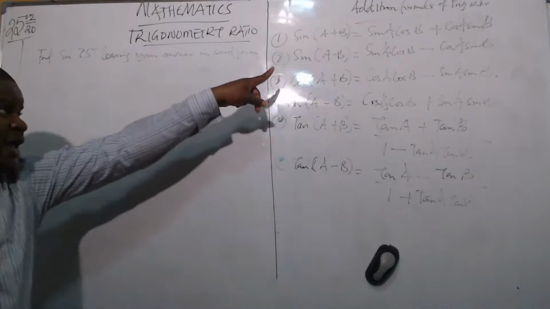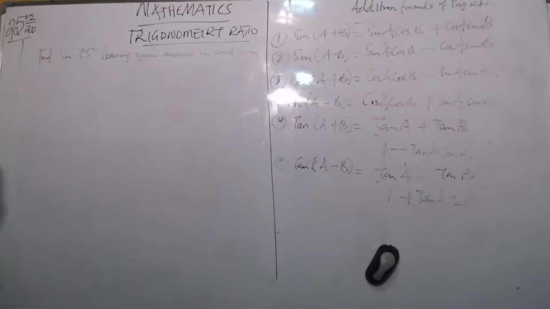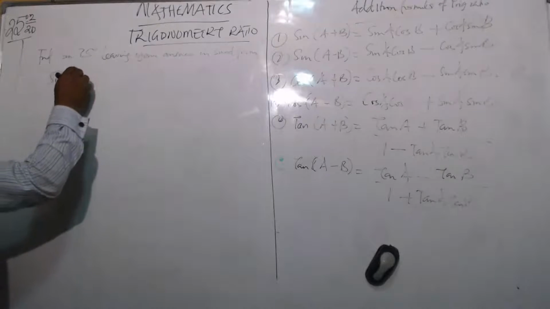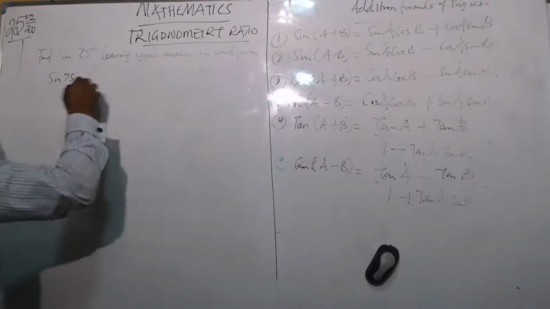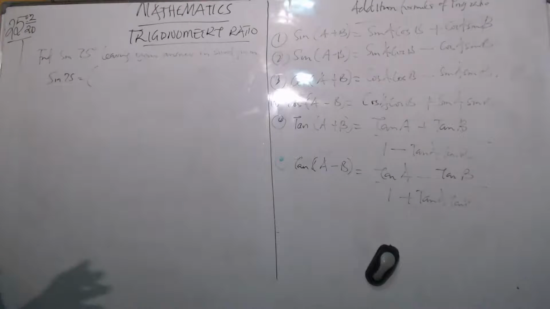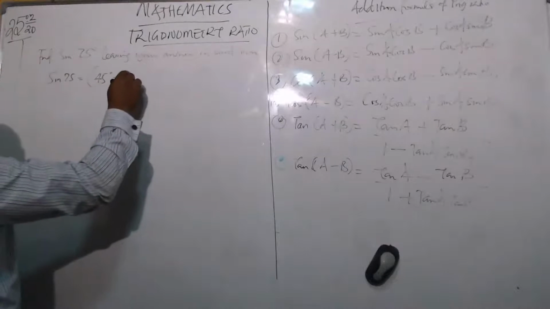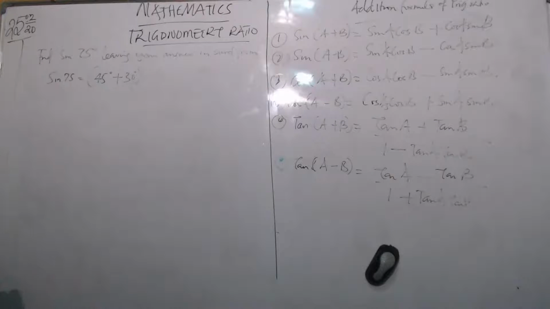Now look, apply this formula here now. Right? Now we're gonna have sine 75. Right? I'm asking what two values will give you 75? If I add 45 plus 30, I'm going to get that.